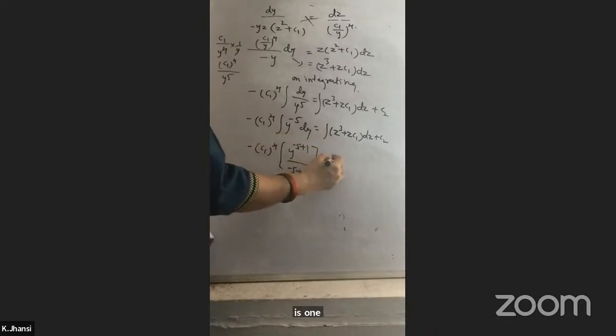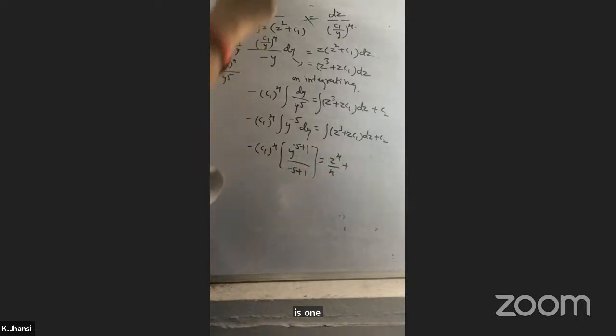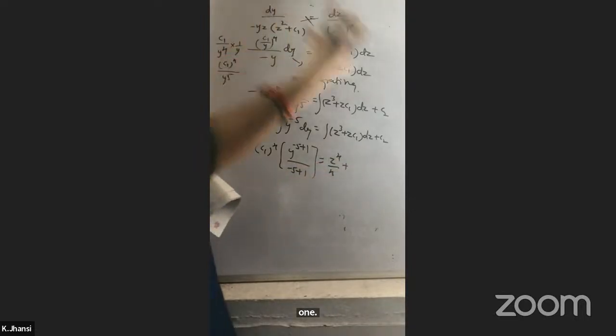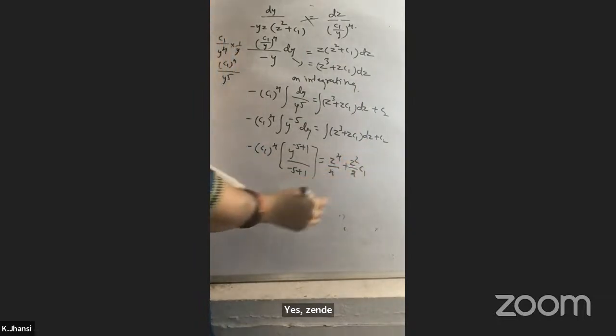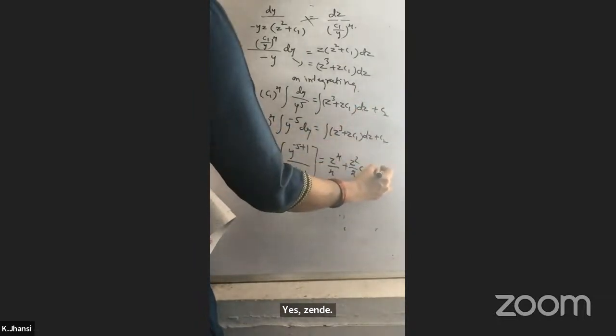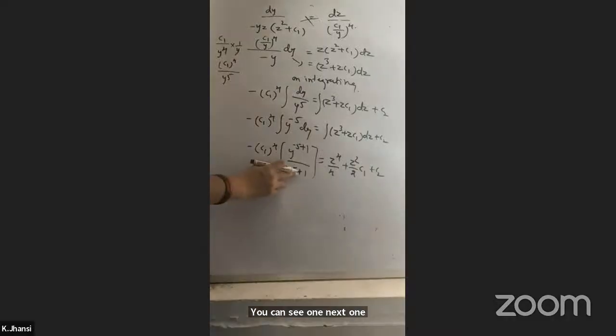Okay. Now z cube integration is z to the power of 4 by 4, plus z integration is z square by 2 into c1, plus one more term c2. Now this minus 5 plus 1 means you will get minus 4.